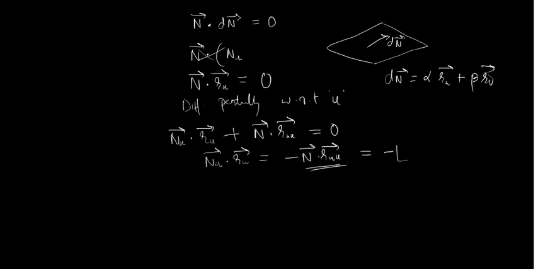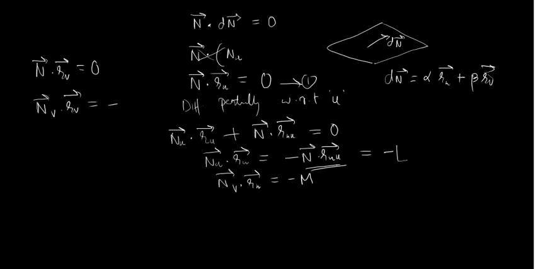Because this is our second order fundamental magnitude L, M, N. Similarly, if you differentiate this partially with respect to v, you would get n sub v dot r sub u is equal to minus M. Similarly, if you partially differentiate n dot r sub v equal to 0 with respect to v, you will get n v dot rv is equal to minus N. Okay, this is our second order fundamental magnitude.